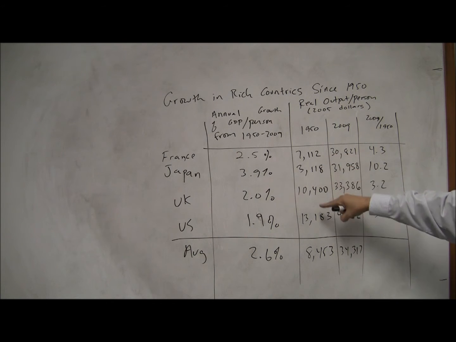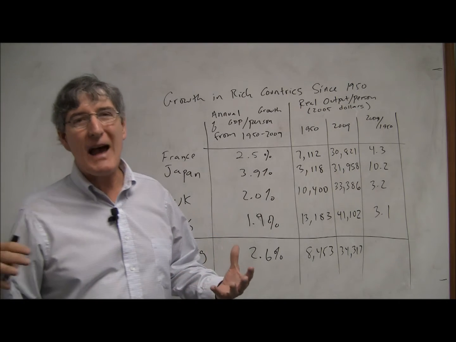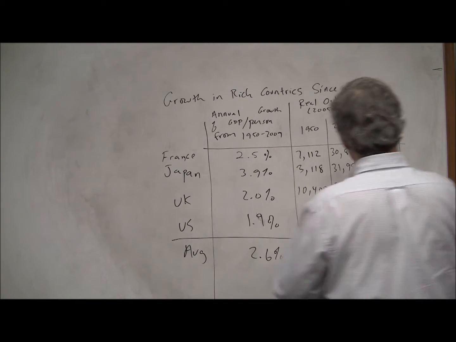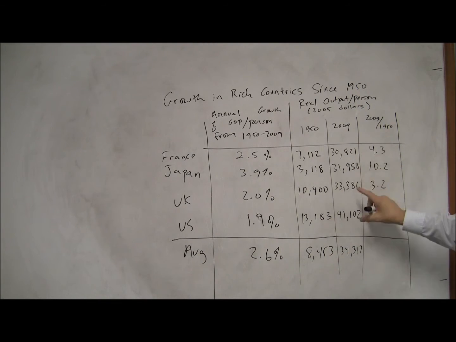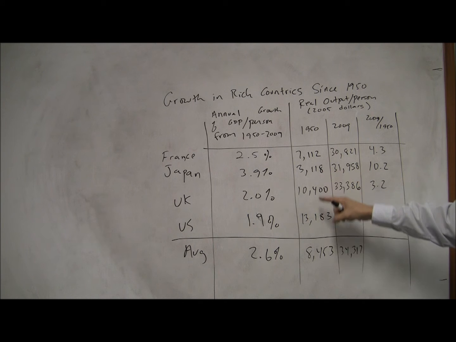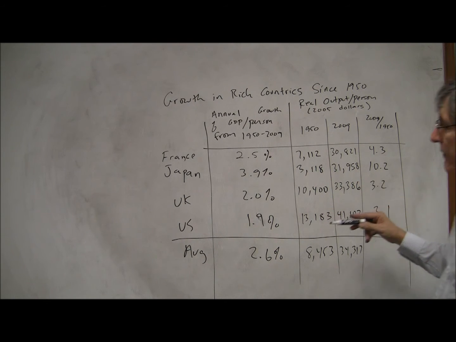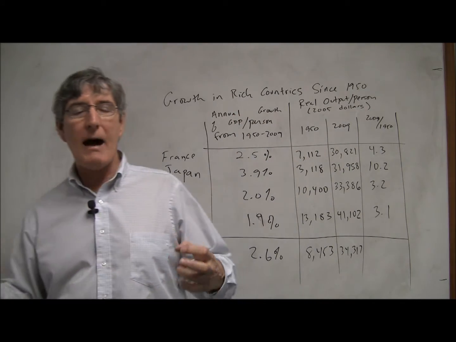So the U.S. to other countries, there were vast inequalities in GDP per capita. If you look in 2009, they're much more equal. There's still differences, but the biggest difference is nowhere near 2, let alone 4 like it was from there to there or anything like that. And so there's been convergence in GDP per capita.